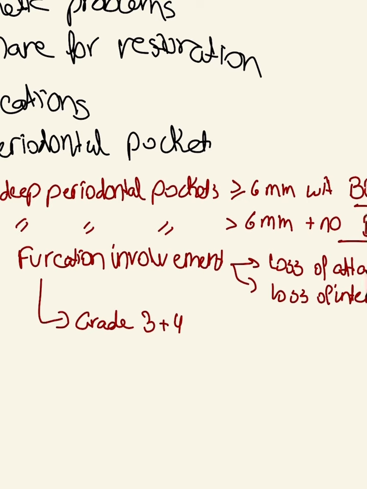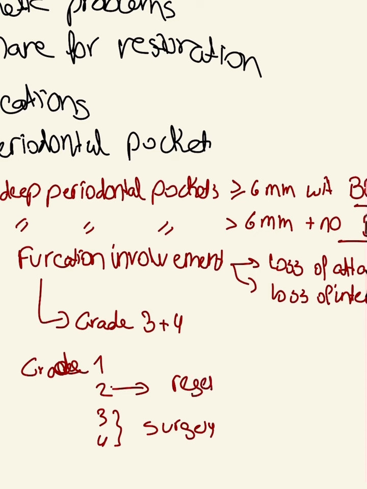We have 4 types of furcation involvement: grade 1, 2, 3, and 4. In 3 and 4, you can do the periodontal surgery. Furcation type 2 can be regenerated. Okay?